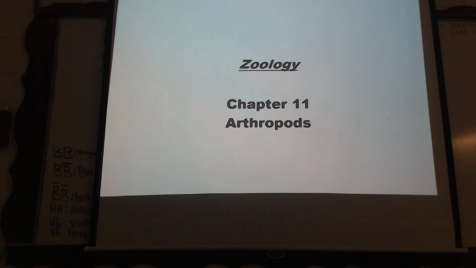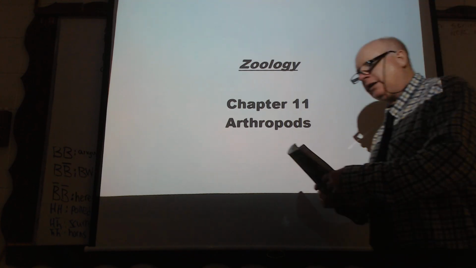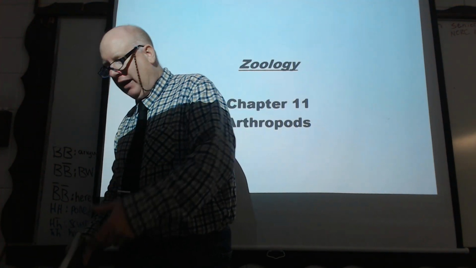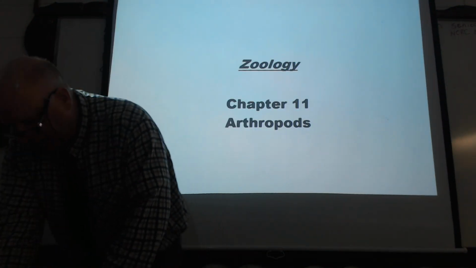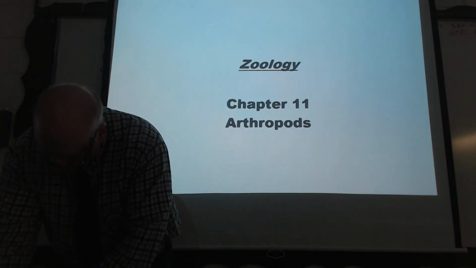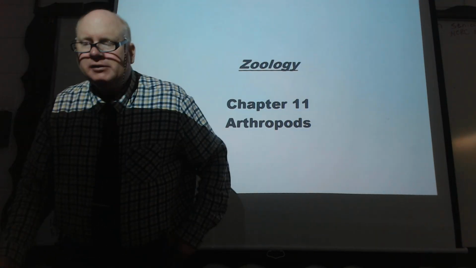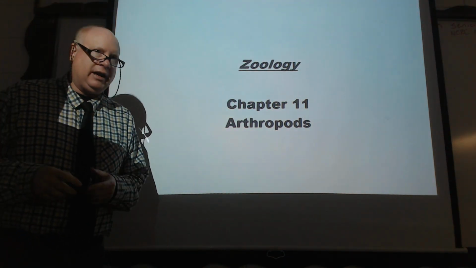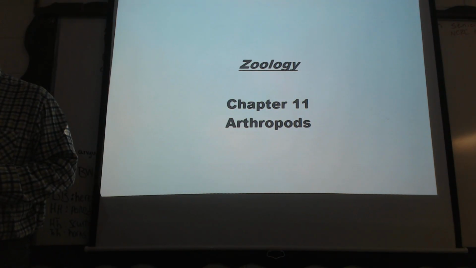The reason that the phylum arthropods is so large is not because of the phylum itself. You correctly said it might be because of the insects, and that's a class of arthropods. Since this phylum is so large, there must be some reason that they might be successful.